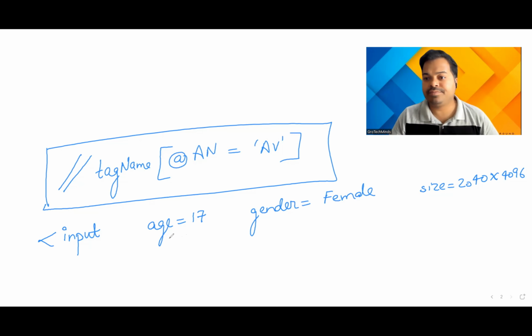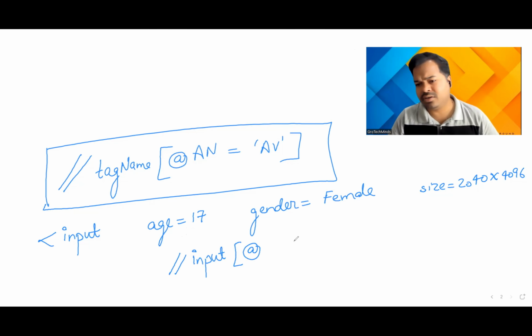Can anyone guide me? Double slash. Tag name is input. Attribute name is age. Square bracket, at the rate of attribute name. Which attribute name are you feeling to consider? Age, gender, or size?